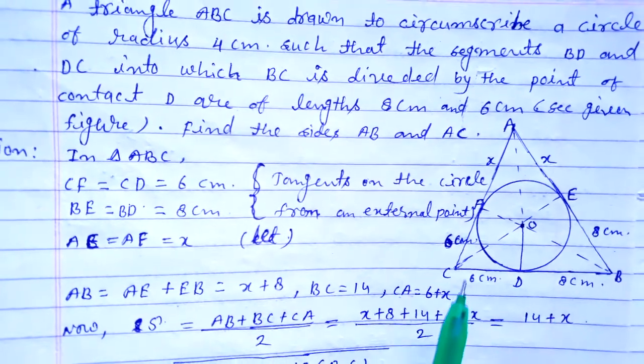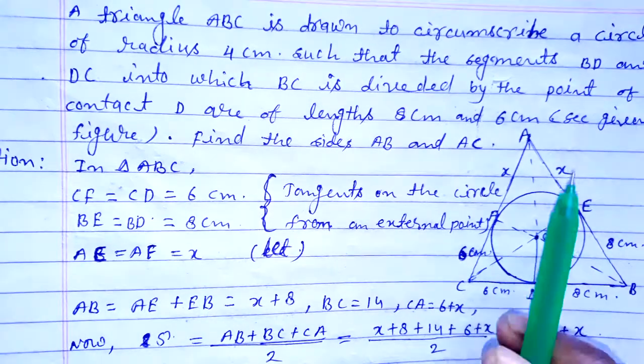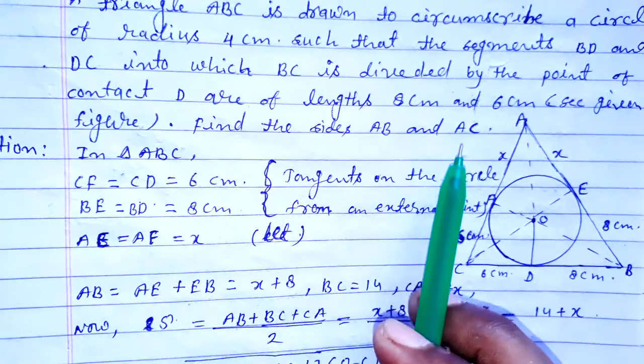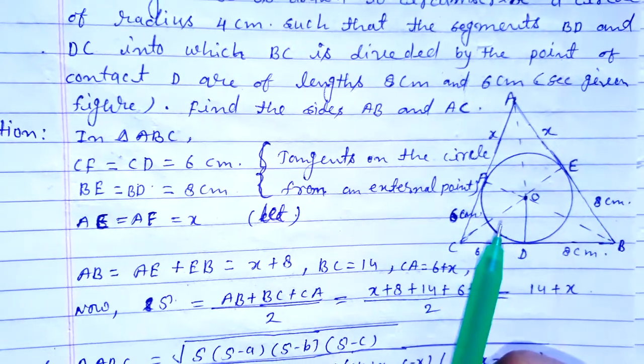See the figure, and find the sides AB and AC.